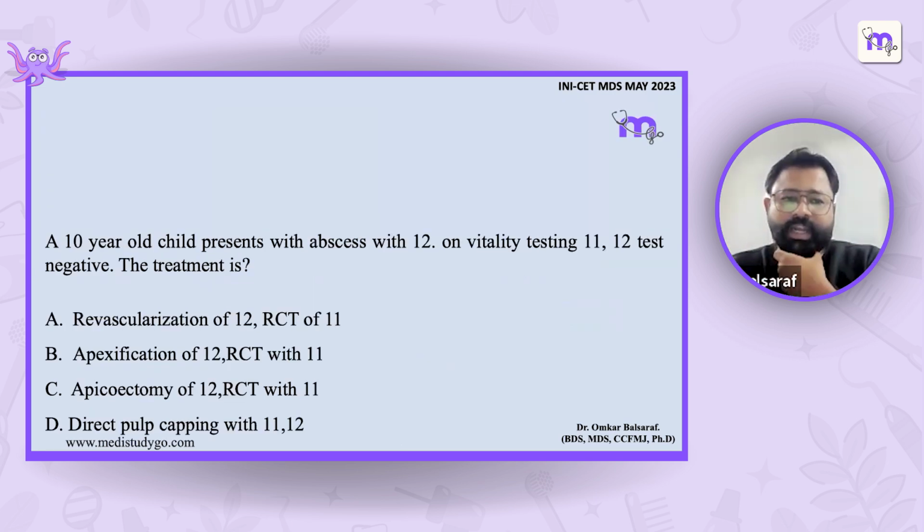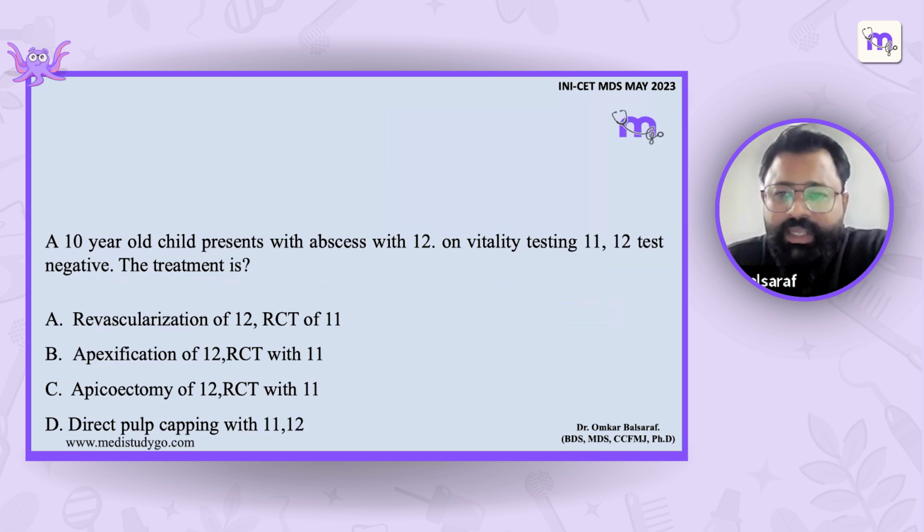A 10-year-old child presents with an abscess with 1-2. On vitality testing, 1-1 and 1-2 test negative. The treatment should be: revascularization of 1-2, RCT of 1-1; apexification of 1-2, RCT with 1-1; apicectomy of 1-2, RCT with 1-1; direct pulp capping with 1-1 and 1-2.